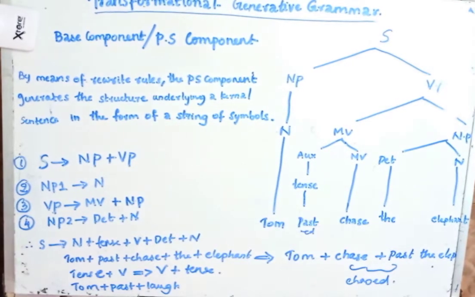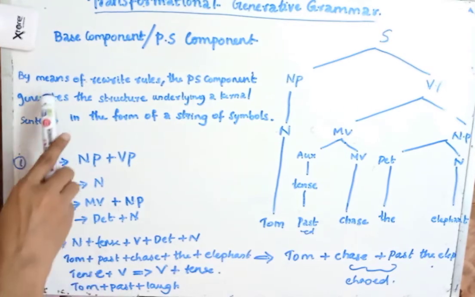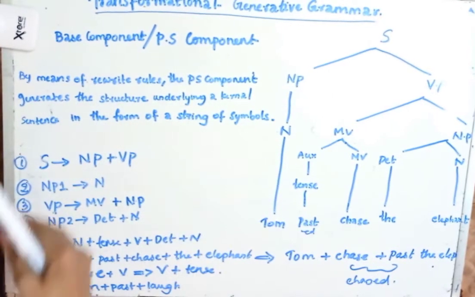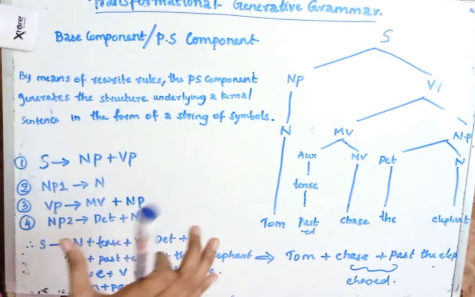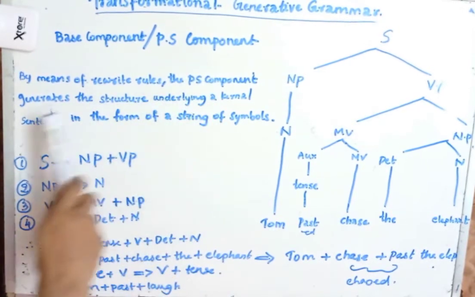So what the PS component does is that by applying rewrite rules, it generates the structure underlying a kernel sentence.